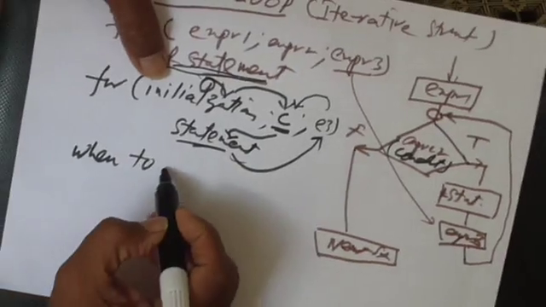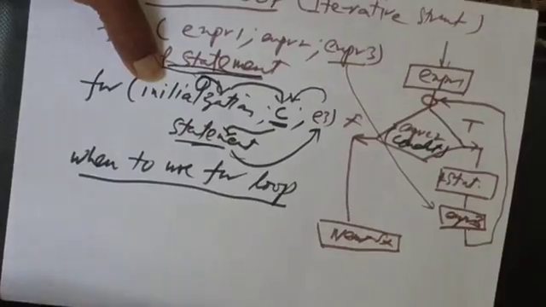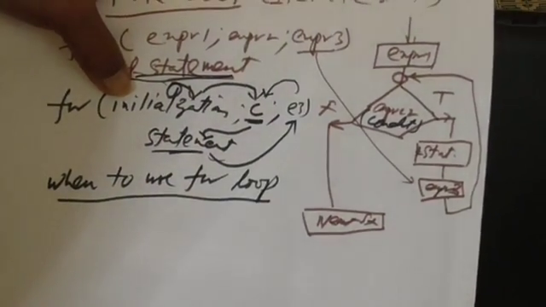So the question is, when to use a for loop.